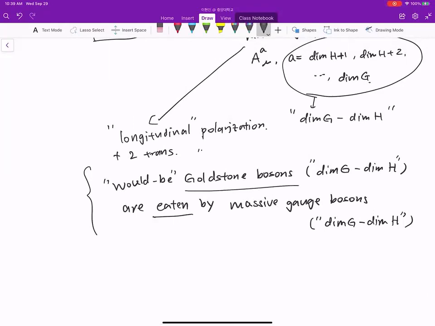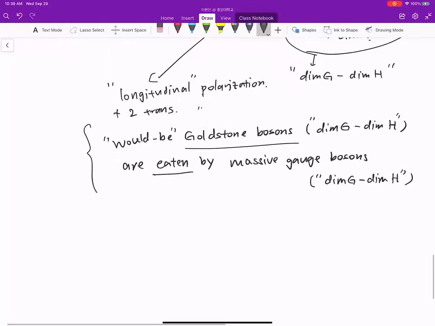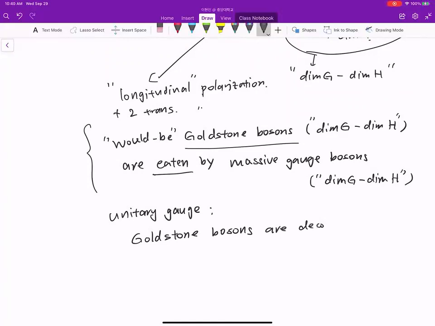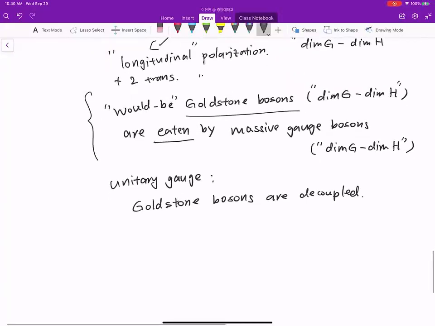They are just eaten, and the unitary gauge will be such that Goldstone bosons do not appear. We call the Goldstone bosons decoupled, so they do not appear. By decoupled, I mean the Goldstone bosons also carry some masses, depending on the gauge condition.